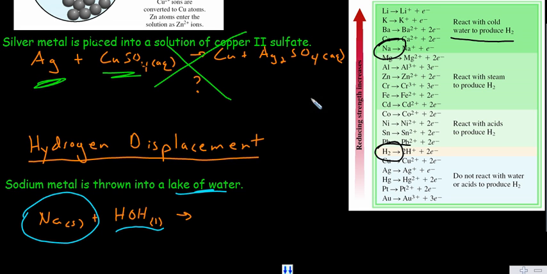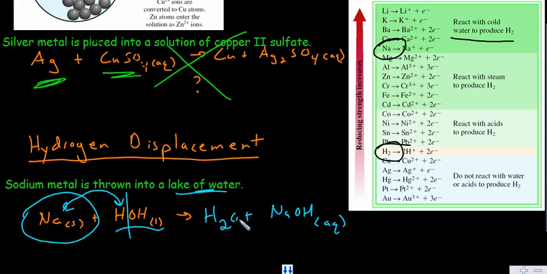And so you will have a displacement in which that sodium can switch with the hydrogen, and you'll get hydrogen alone, and sodium combining with hydroxide, sodium hydroxide. Sodium hydroxide in water is going to be aqueous, and hydrogen alone is H2, a gas.